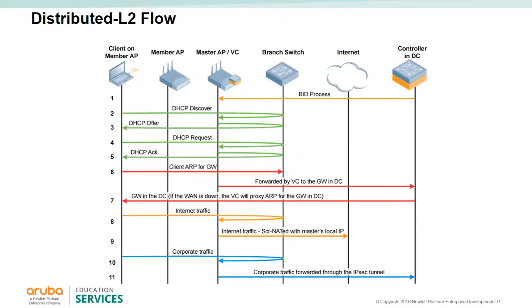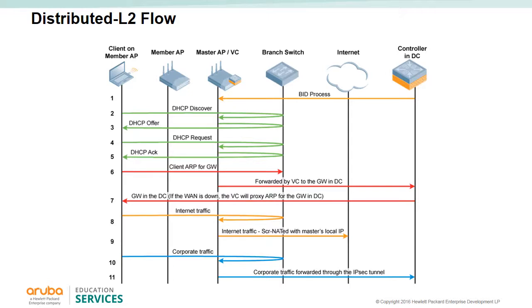Distributed L2 mode. Distributed L2 means your branch is the L2 extension of your corporate subnets and the default gateway is on the controller. The master IAP VC starts the bid process with the controller coordinating the subnets. A client issues a DHCP request that is forwarded to the VC.